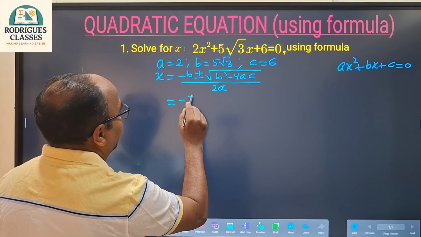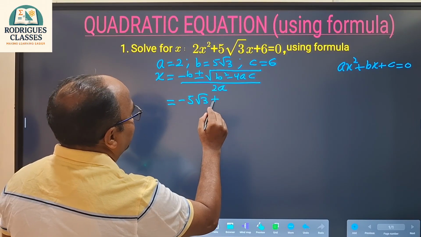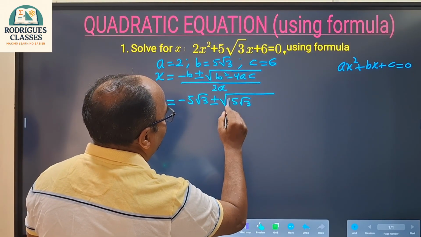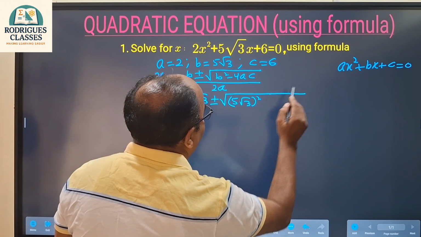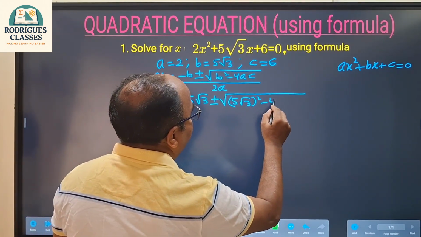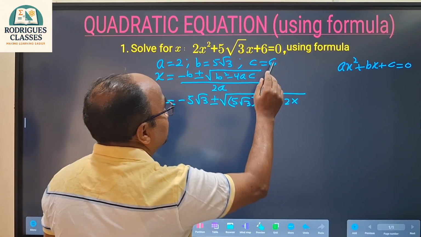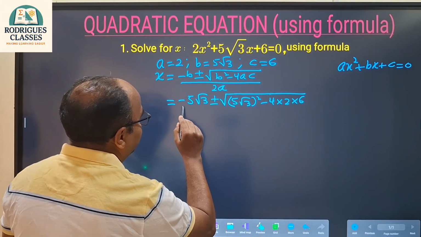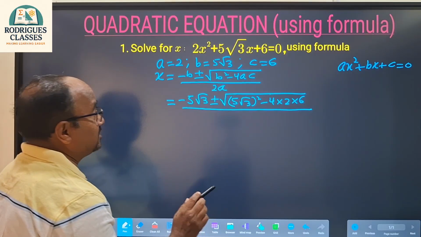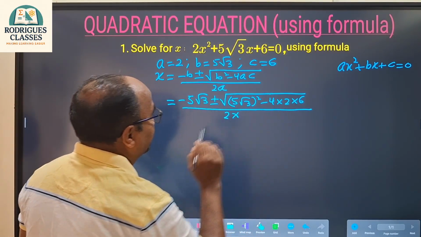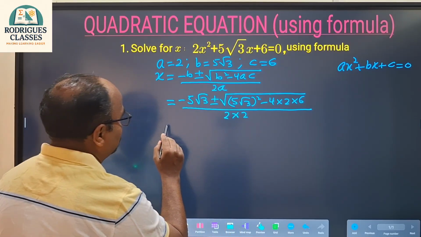Minus b is 5 root 3 plus minus, then 5 root 3 square, because b is 5 root 3, then minus 4 into a value is 2 and c value is 6. The entire thing is divided by, so you should be careful not to give dividing from here only, and a value is 2.